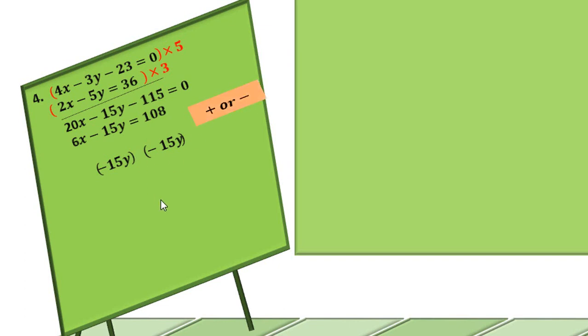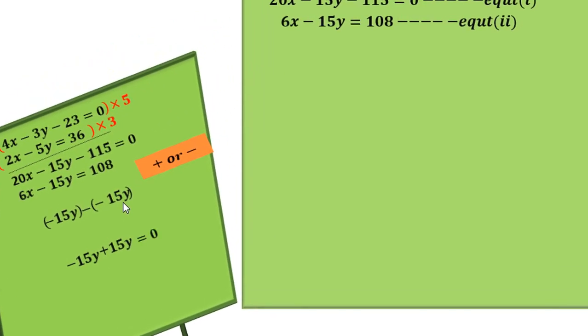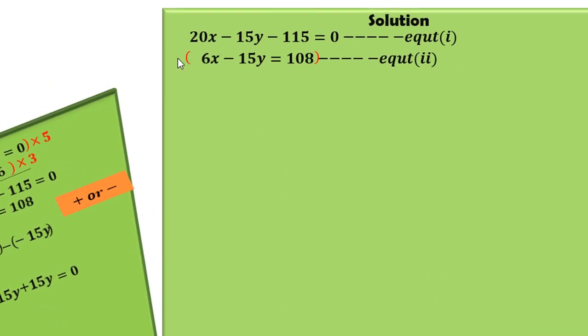So negative will simplify: minus y, minus minus 15y, because negative multiplying negative becomes positive, then 15y minus 15y equals 0. So the negative you use means you are subtracting equation 2 from equation 1.